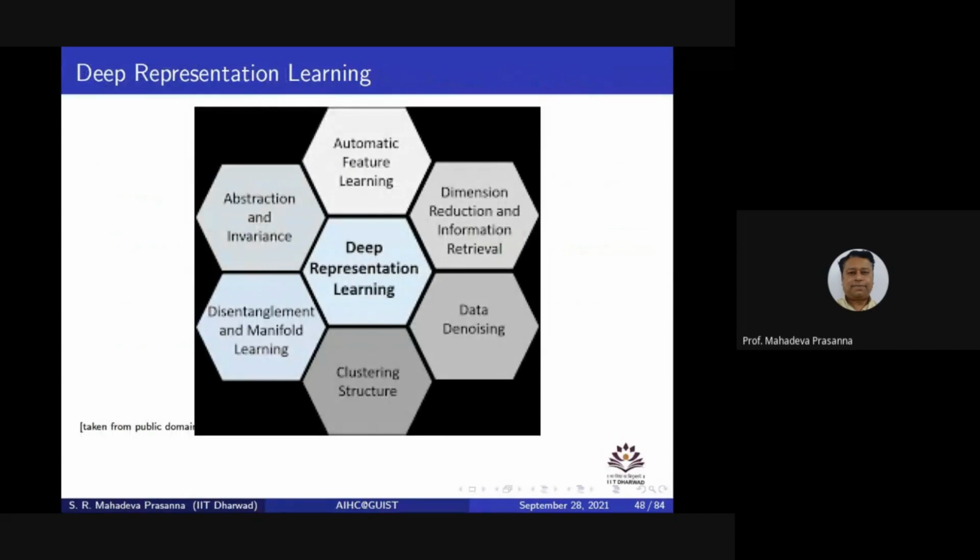If you see representation learning, of course, I'm explaining feature learning, but recently people have expanded representation learning to include more areas. Even dimensionality reduction can be treated as representation learning. Data denoising can be treated as representation learning. Discovering the underlying cluster structure can be treated as representation learning.